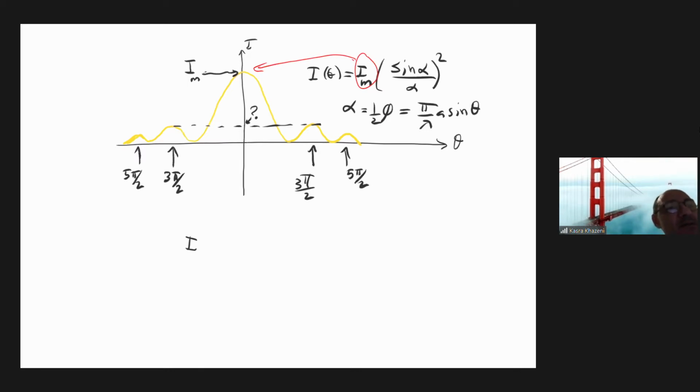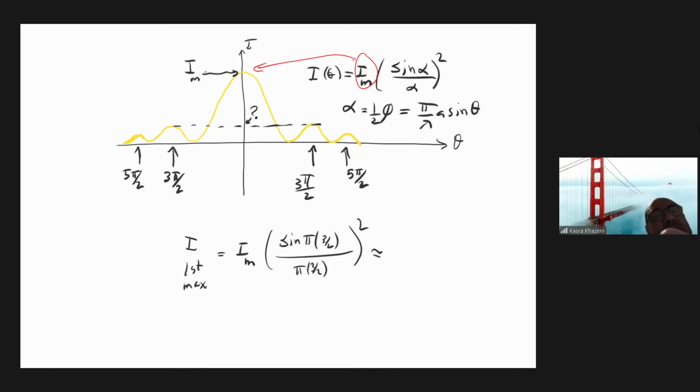So I for the first max is equal to Im times sine of 3/2 pi over 3/2 pi, which is roughly Im times this.